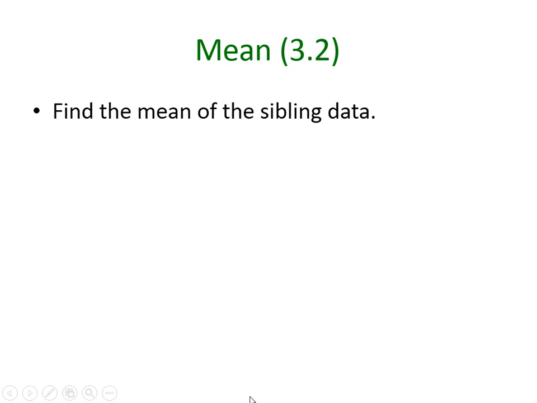As you're finding the mean, the first thing you're going to do is find the total. So if we are adding the 0, 1, 2, 3, 2, 1, 3, you should get, and this will be an x bar because it is a sample, the sum of our x's divided by the number in our sample. So what was the sum, divided by the number in our sample? As you divide, we get 1.714.